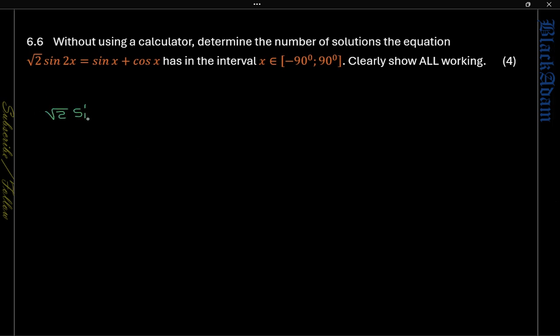This one is to prove without a calculator: determine the number of solutions of the equation root 2 sine 2x equals sine x plus cos x. Then we know that, let's substitute and say x equals, let's say, 45 degrees.